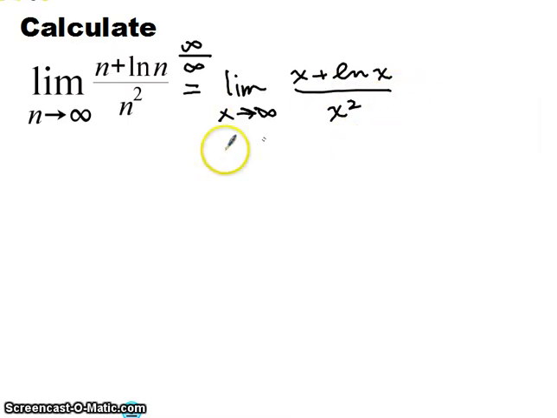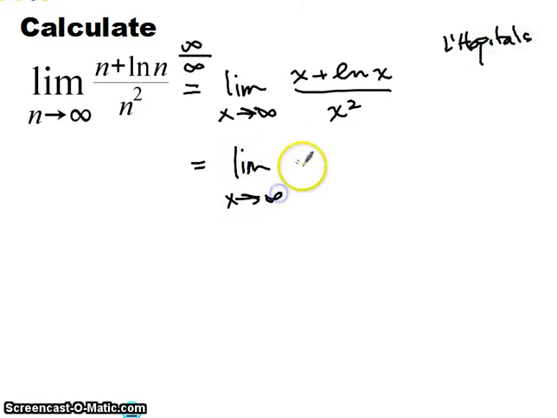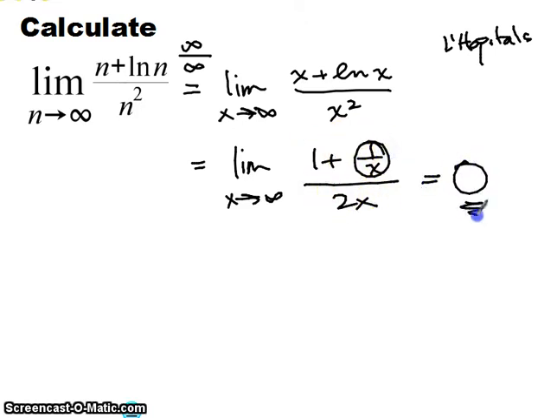So we take the derivative here using L'Hopital's rule, and you're going to get 1 plus 1 over x, over 2x. If we evaluate that limit now, look what's happening here. 1 over something getting very large is going to 0. So that sequence is going to converge.